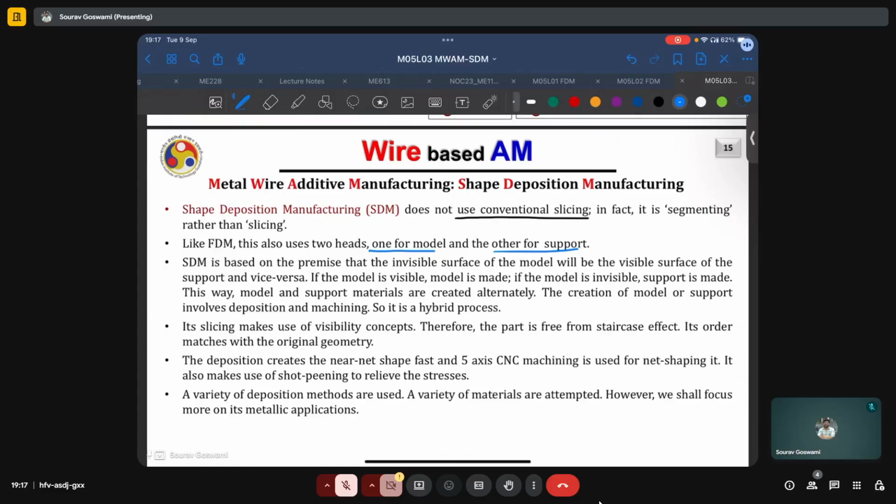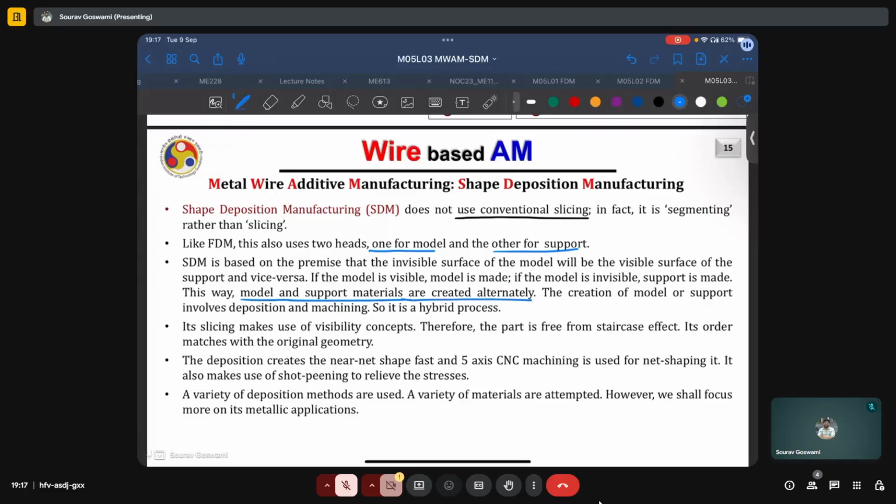Shape deposition modeling is based on the premise that the invisible surface of the model will be the visible surface of the support and vice versa. If the model is visible, the model is made, and if it is invisible, the support is made. This way, the model and the support materials are created alternately.